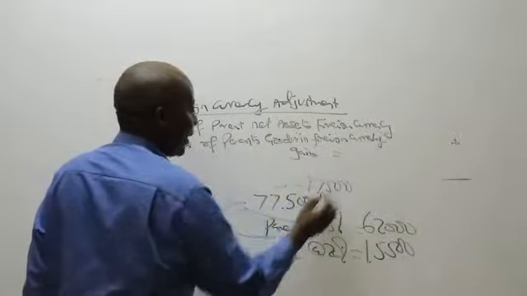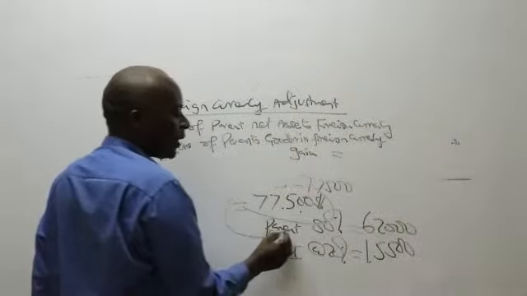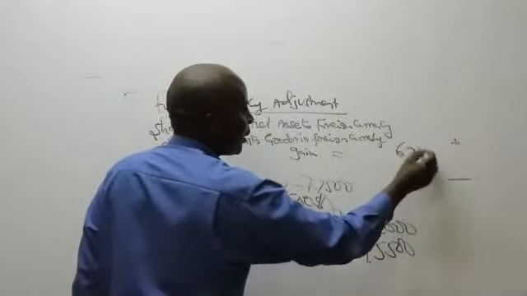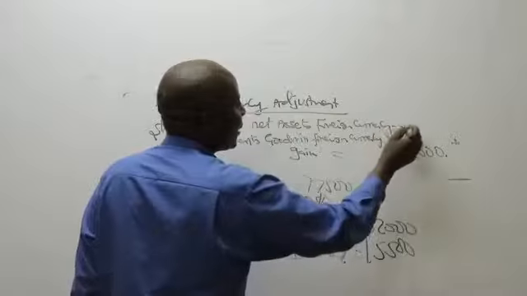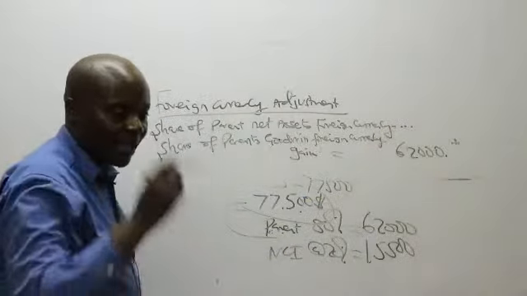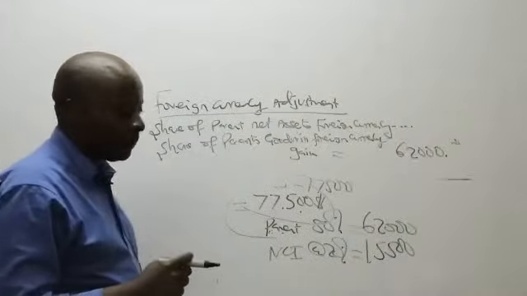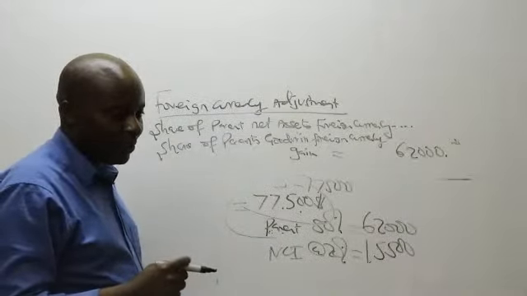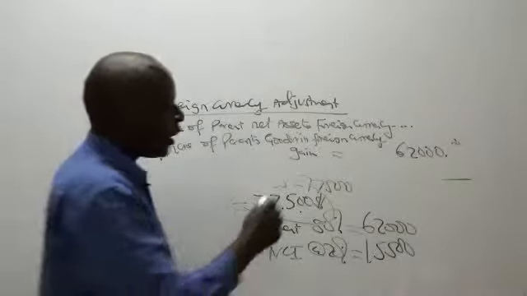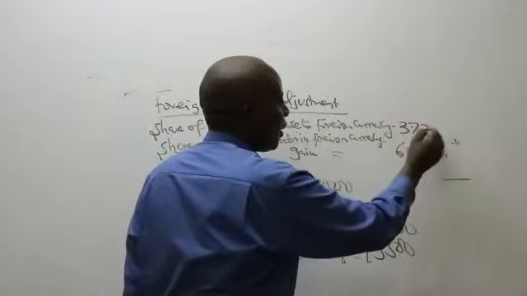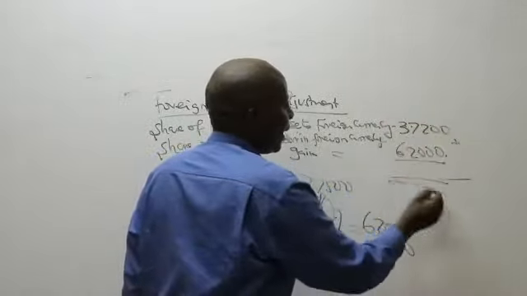Hii ndio mmeniambia saizi goodwill, foreign currency gain mmeniambia 62,000. Ya parent nishasahau jameni hiyo. Nilikuwa kuja ngapi somebody? 37,200. So could you kindly go there and add?